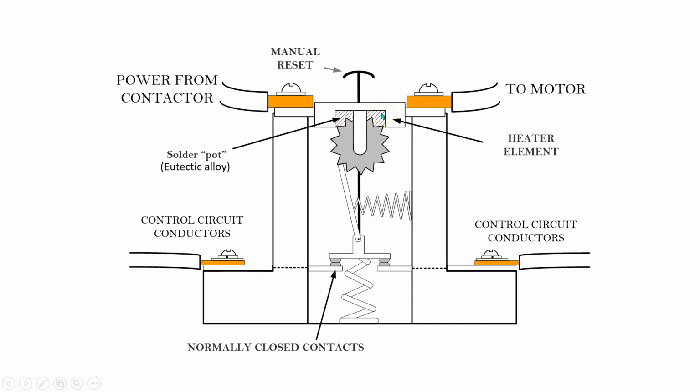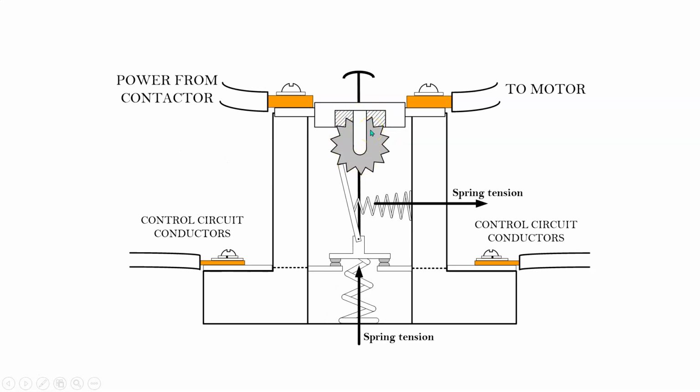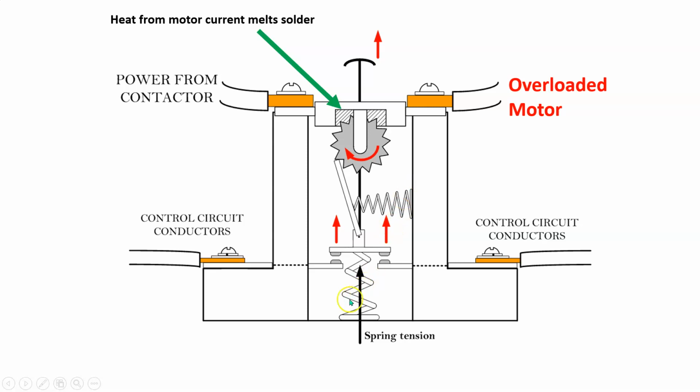When that happens, this wheel is now able to move. The spring tension pushes it up, because the solder is now liquid, and it opens these contacts, killing your coil, opening the armature in your contactor and cutting off the power going to your motor.